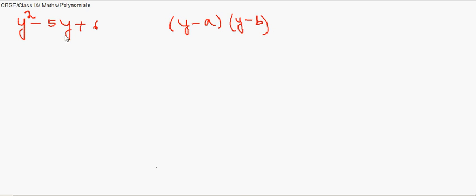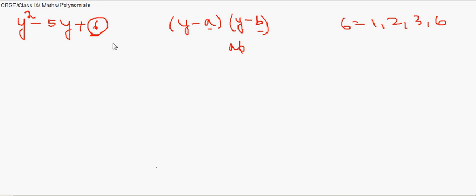This term 6, that's a constant, will be ab. So we will now look for the factors of 6 and see if they are zeros of the given polynomial or not. The factors of 6 can be 1, 2, 3 and 6 itself.